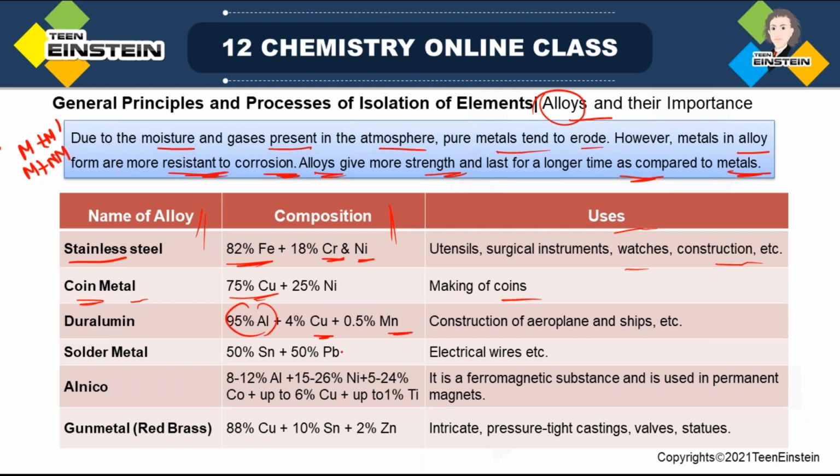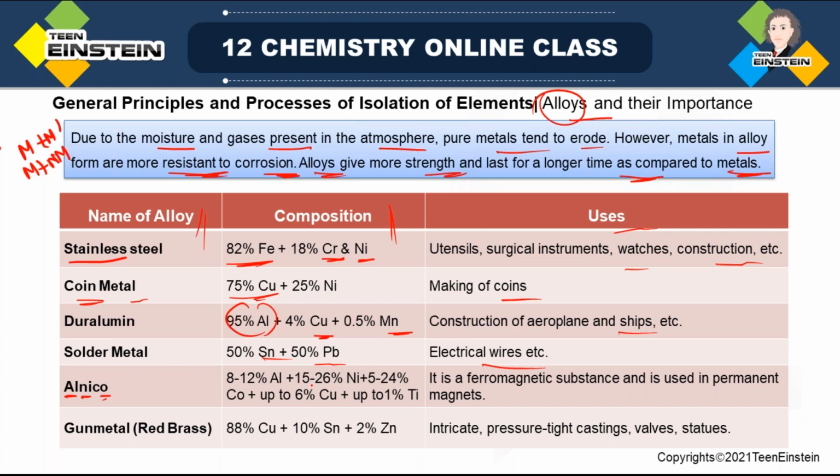It is mainly used for construction of aeroplanes, ships, etc. Next is solder metal. It is a 1:1 composition, 50% tin, 50% lead. Electrical one. Then Alnico. From the name you can easily understand, because it is aluminium, nickel, and you can consider it as cobalt.